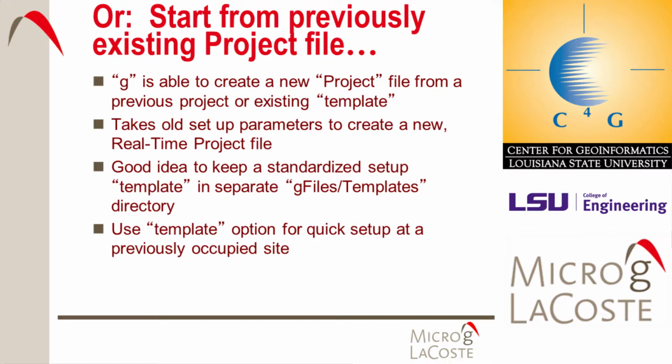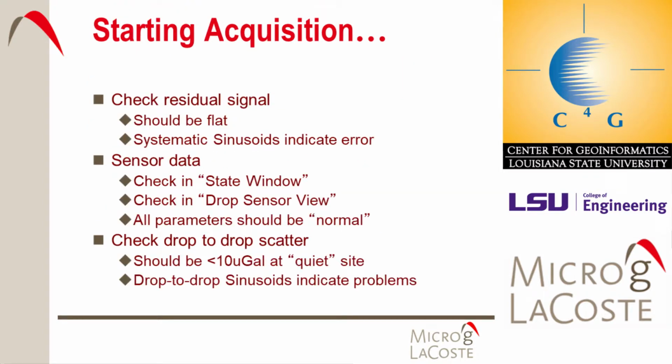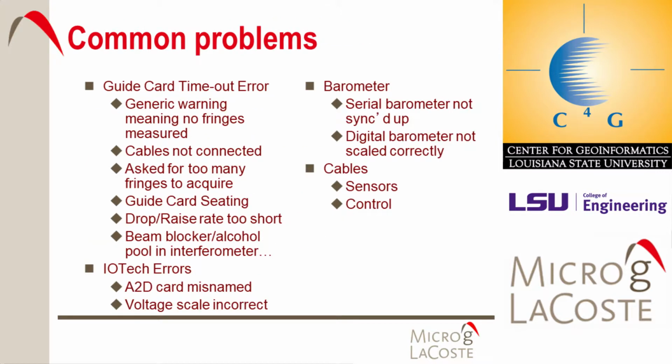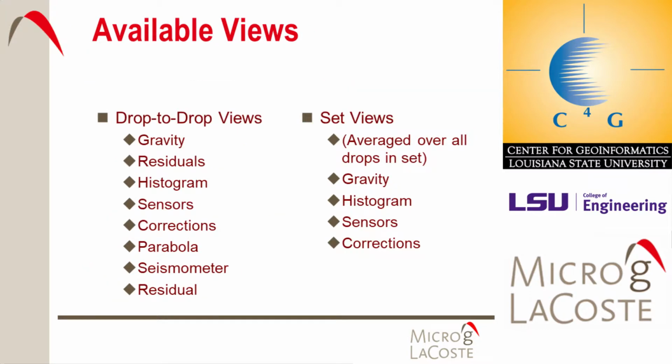And then you can even save a pre-existing file as a template to start for a previously occupied site. This is the acquisition stuff that we talked about. If you're having errors, it's kind of common problems. We've gone over quite a few of those.